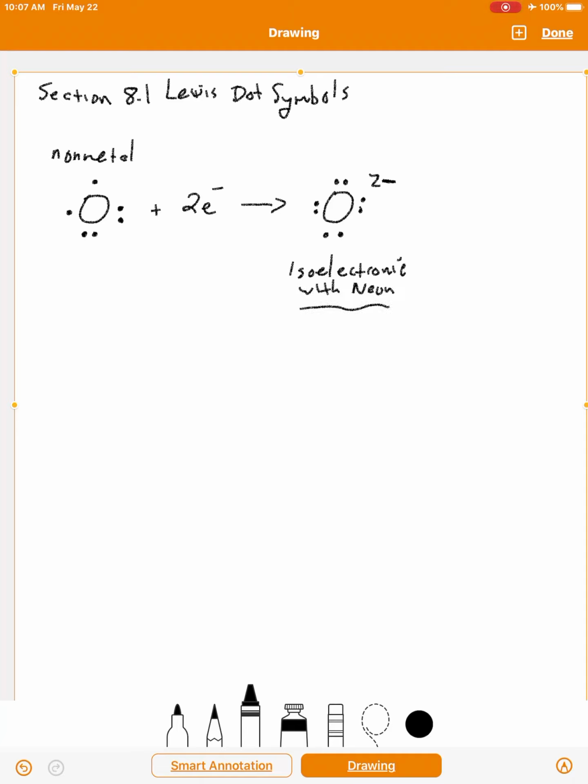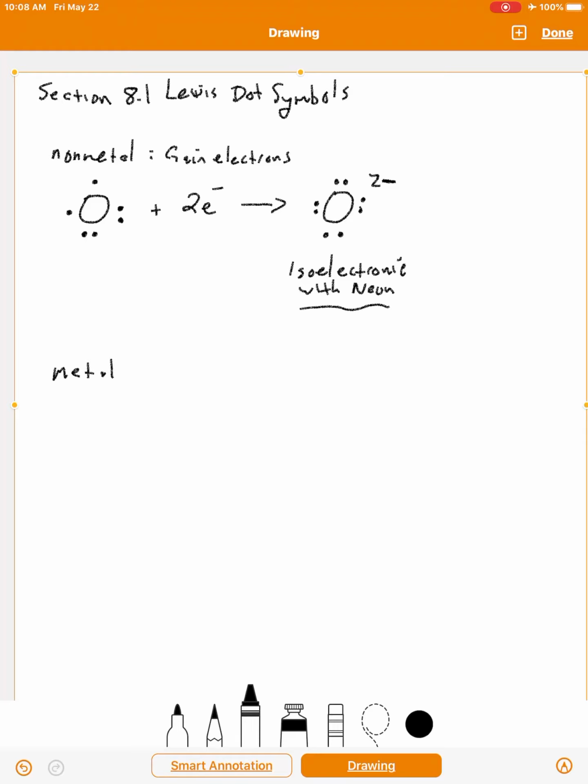Okay? So nonmetals tend to gain electrons, to become isoelectronic with the noble gas that's in that period, in that row. Okay? So oxygen gains 2 electrons, becomes isoelectronic with neon, and we represent that with our little dots here, our 8 dots. Now, what about metals?